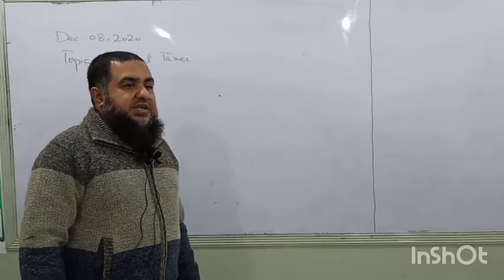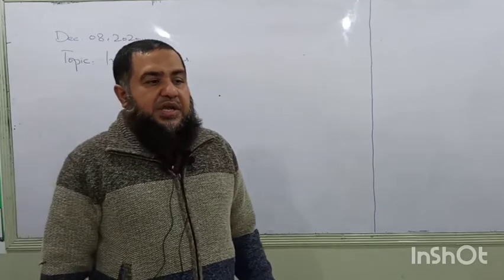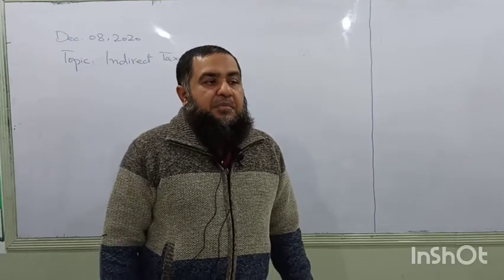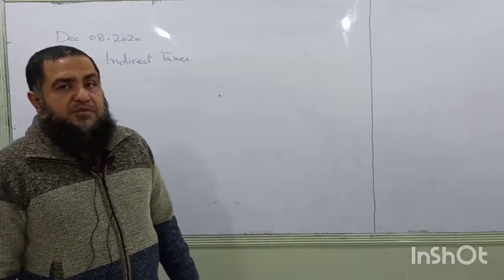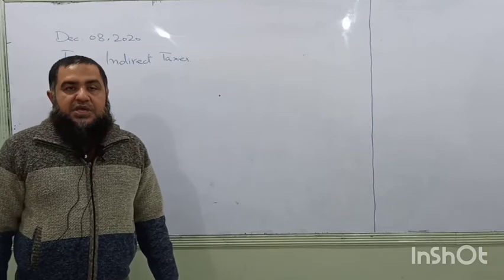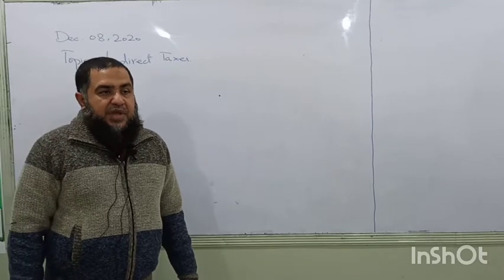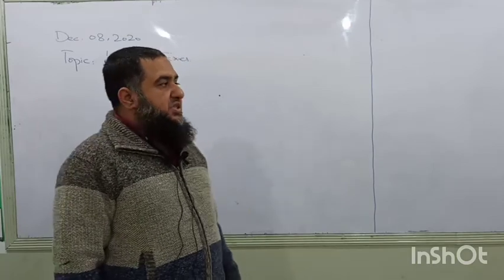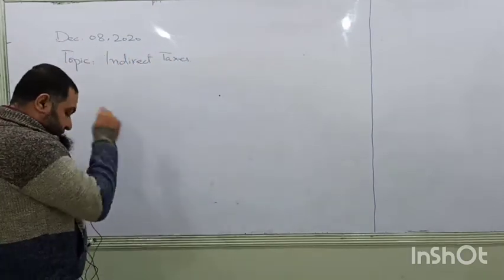If a seller is selling a product and is imposed a tax by the government, but he is not bearing all the tax burden himself, but is sharing his burden with the consumers as well, then we say this is called indirect tax.